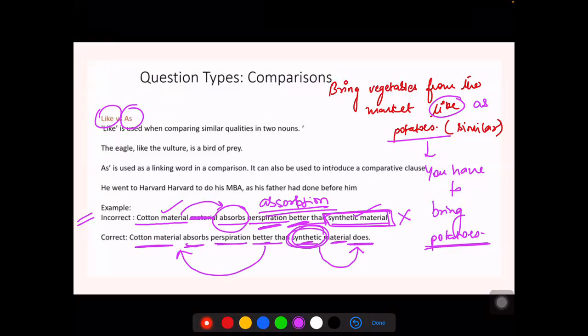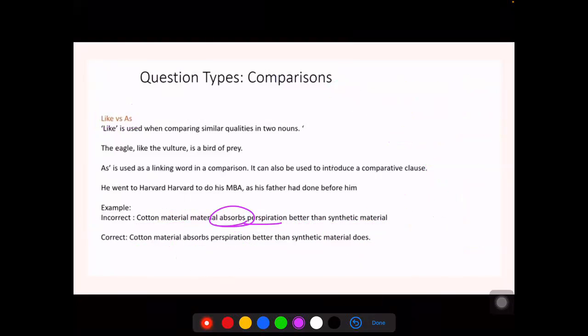Otherwise, we would be comparing the material itself, but here, actually, we are comparing the absorption of that material. The main quality of this sentence is absorption of that material. That means we have to use the word "does" here. Whatever the synthetic material does, it is less productive than that of cotton material.